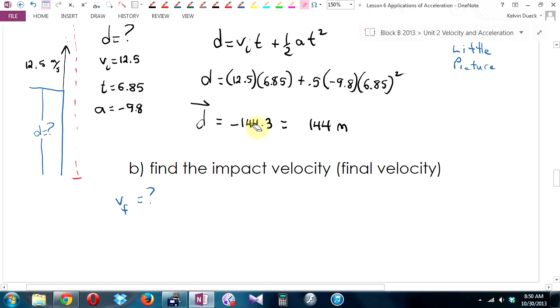Is there an equation that has V initial, T, A, and V final? Yeah? V final equals, and the V final's by itself already? Equals V initial plus A T, where V initial was 12.5, A was negative 9.8, T was 6.85.